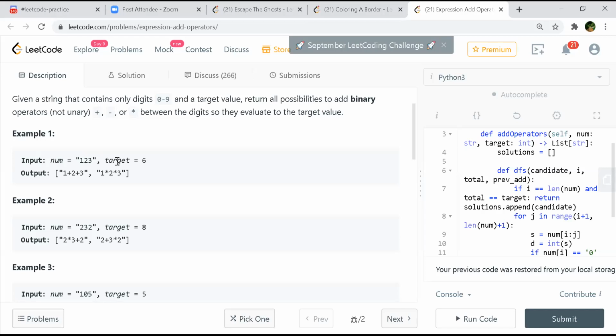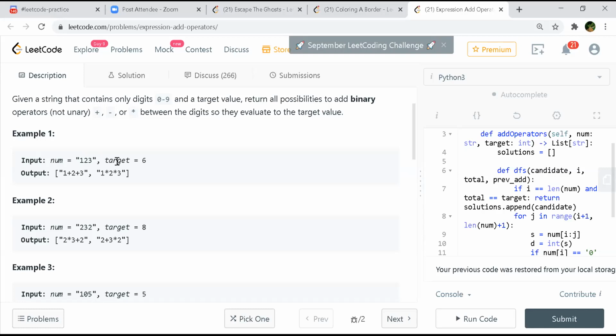One is whatever our sum is till this time, and the previous value, if it was a plus or minus operation earlier in the previous recursion. We can use that value in our multiplication, and multiply those positive or negative values with our current value if it is a multiplication operation in this current DFS node, right?